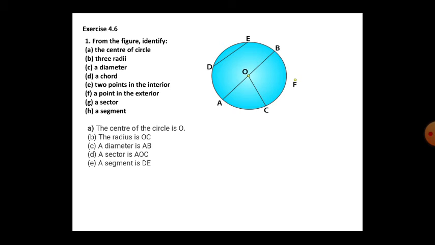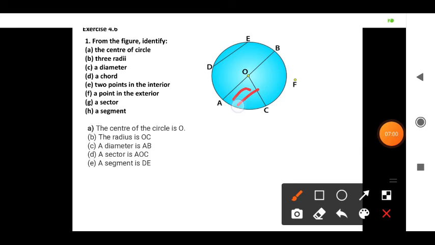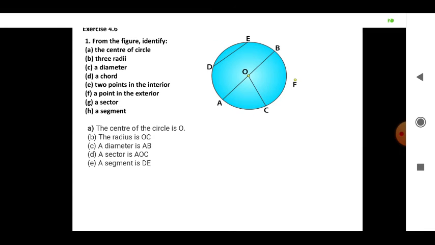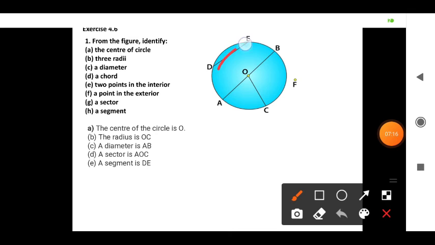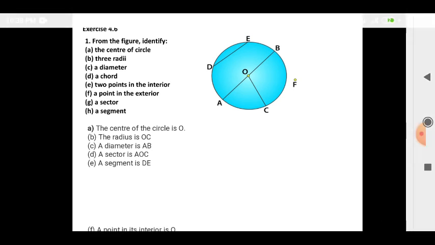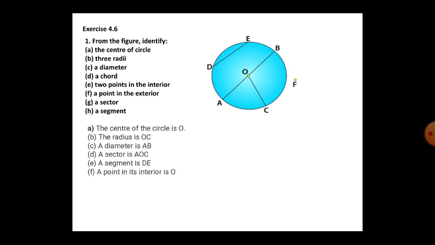And a sector, which one do you call a sector? AOC is called a sector. This part you call a sector. A segment, this one you call a segment, you are cutting that, so it is a segment.